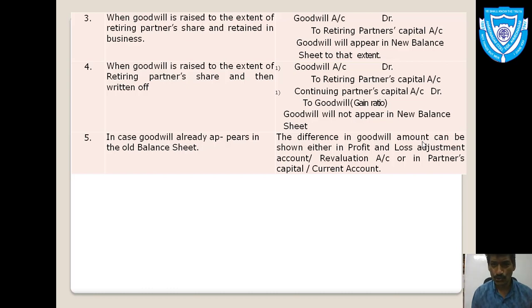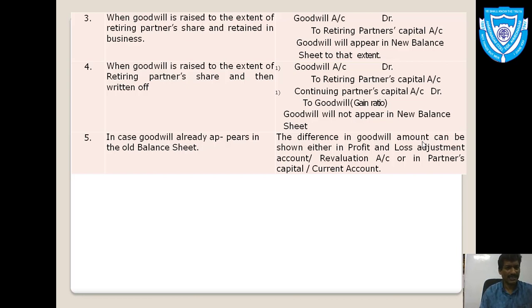The third case is when goodwill is raised to the extent of retiring partner's share and retained in the business, the entry will be passed goodwill account debit to retiring partner's capital account. In this case goodwill will appear in the balance sheet but up to the extent of that share.